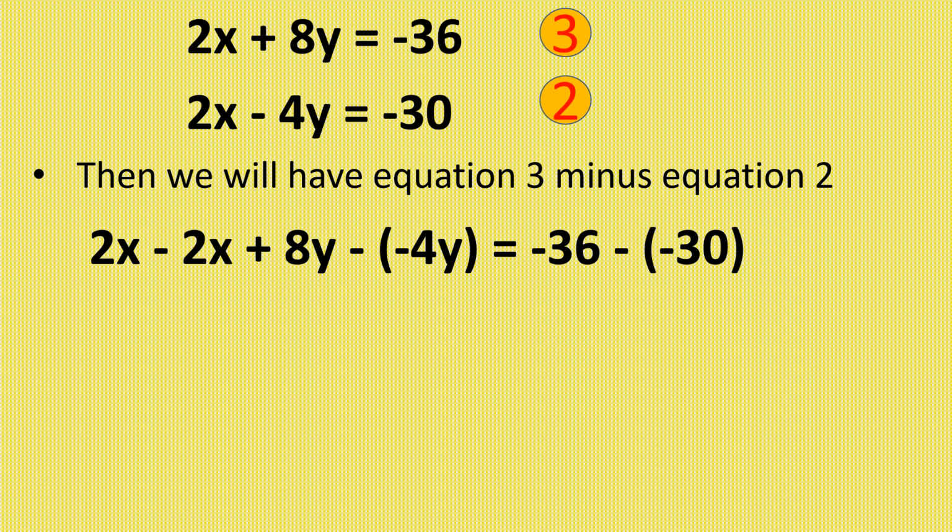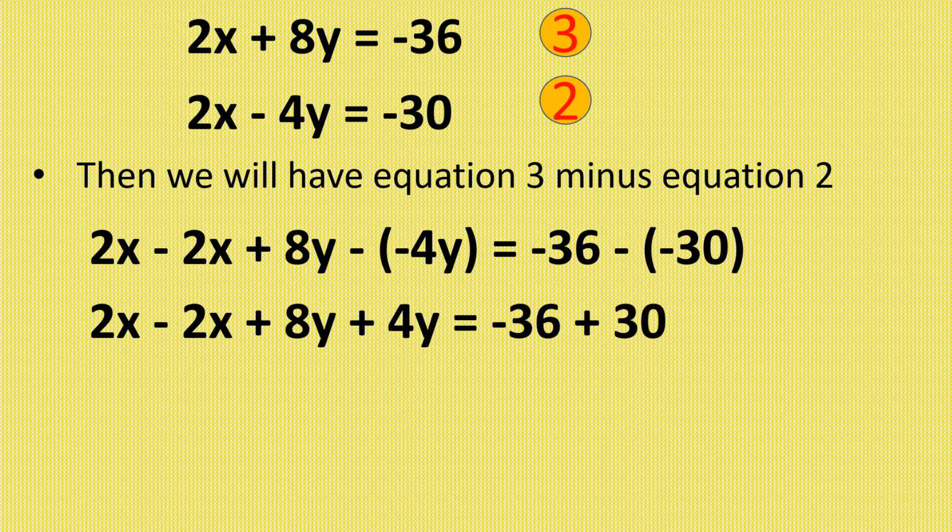Remember, we're subtracting equation 2 from equation 3. That is equation 3 minus equation 2. We look for the similar terms in equation 3 and combine them with the similar terms in equation 2 to subtract. If we open the brackets, we have 2x minus 2x plus 8y.